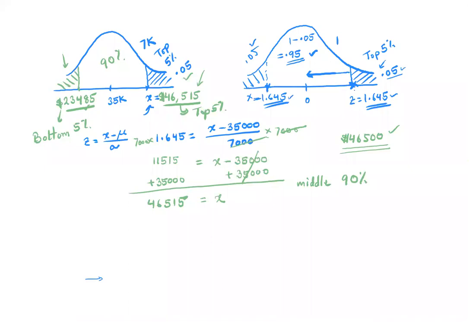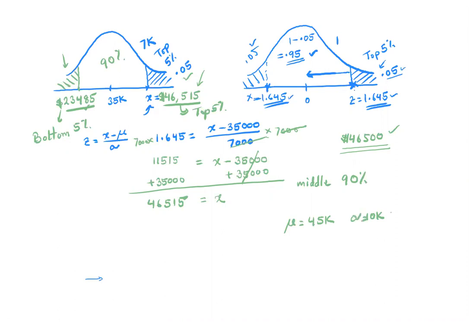That's what it is. So in the exam, I could be asking you a question, something like this. Instead of 35,000, I might give you 45,000 average income. Instead of 7,000, I might give you 10,000 standard deviation. So mu would be 45,000, sigma would be 10,000.